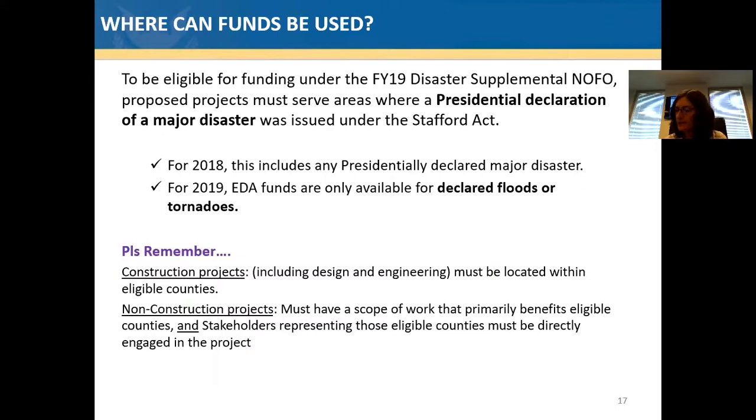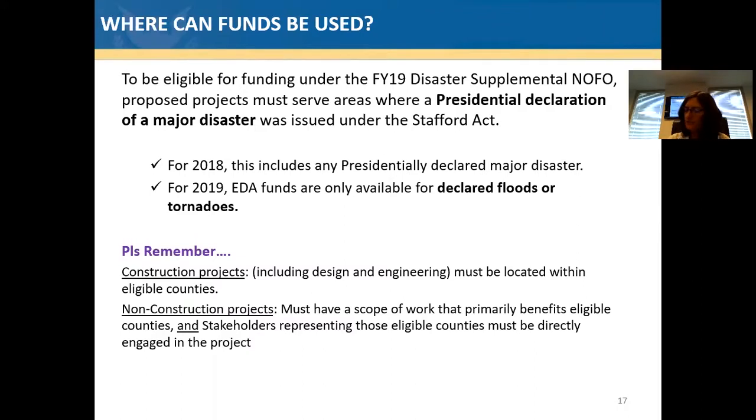So one of the most critical differences between this year's supplemental and last year is the eligibility definition for our 2019 disasters. As you will note, for 2018, we cover all presidentially declared major disasters, similar to what we did with our supplemental last year.